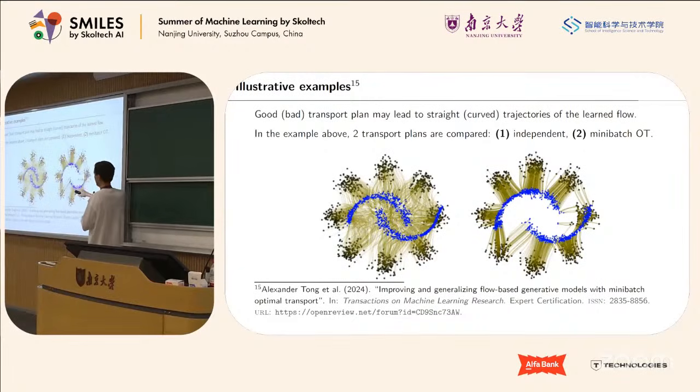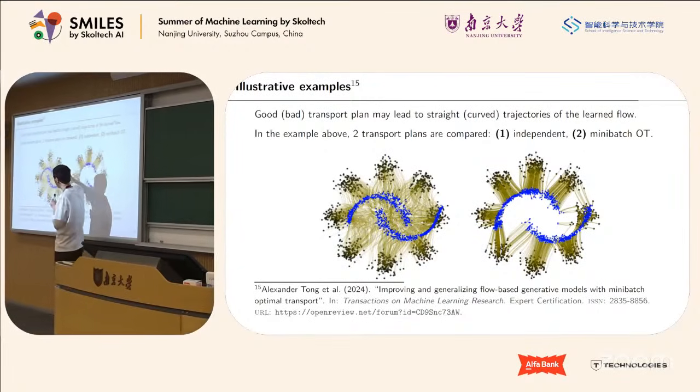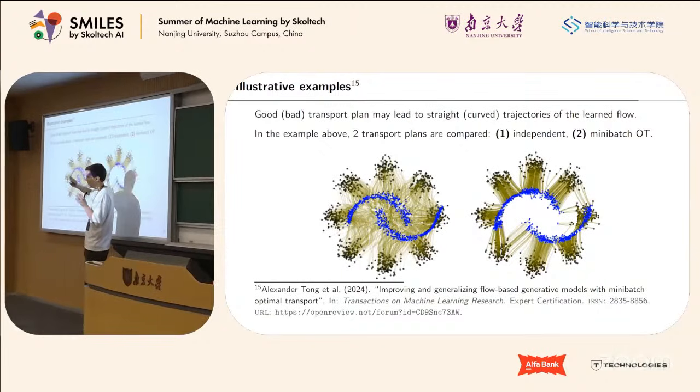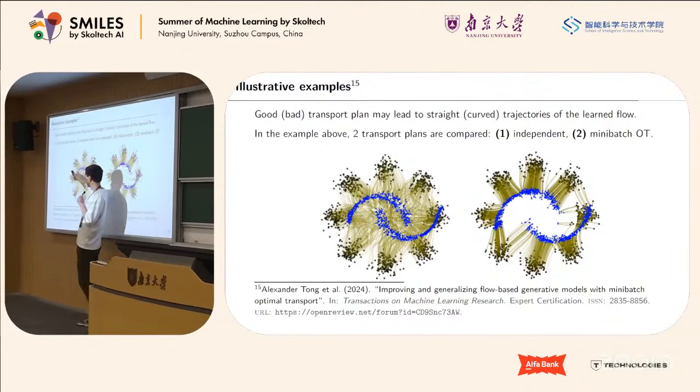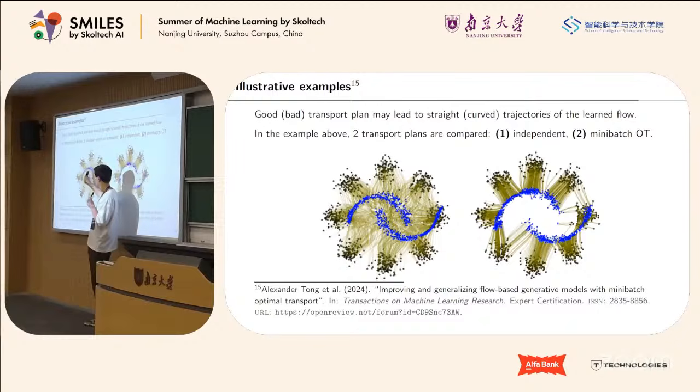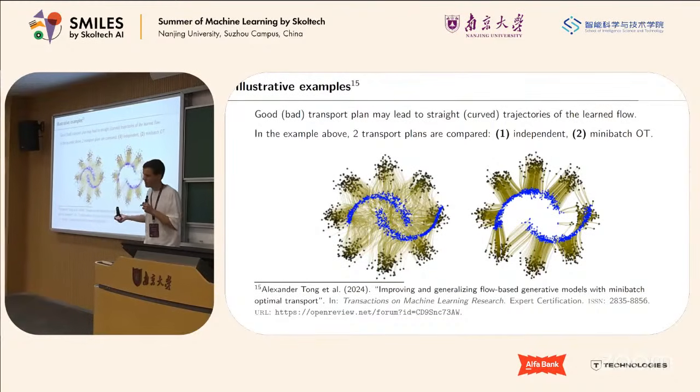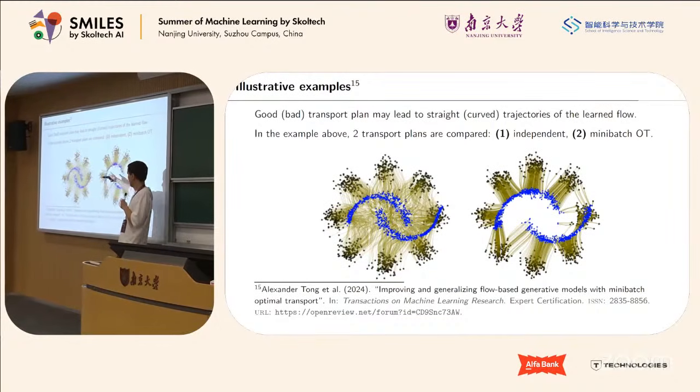So this is an example when you train standard flow matching with independent pairs between a mixture of Gaussians and a two-dimensional distribution. Then you see that the trajectories are very complex. They are curved, and it's even hard to parse what is going on here. But if you train it with mini-batch optimal transport coupling, the trajectories become much straighter and easier to model.